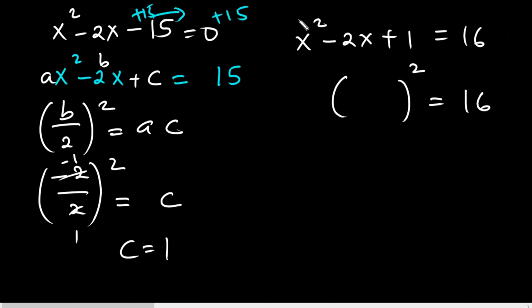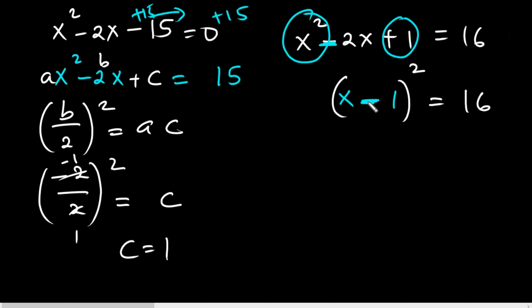So we take this first term here and this last term, and then we find the square root separately. So x squared, the square root is x, and then the square root of 1 is 1. Okay, and then the sign that we put here is the sign in between x squared and 2x. This sign, for this case, it's a negative.